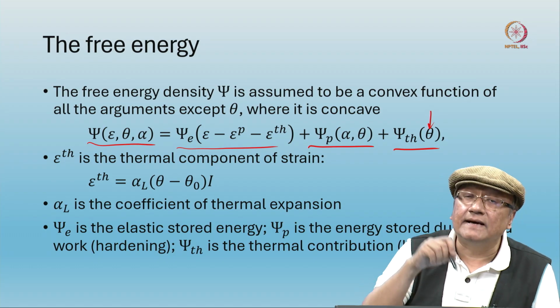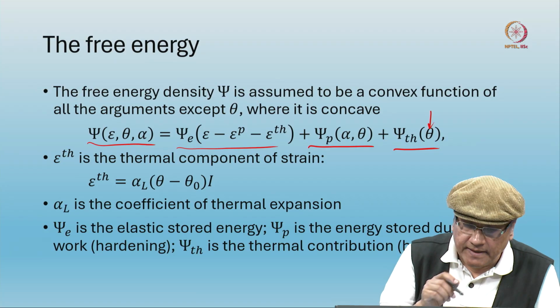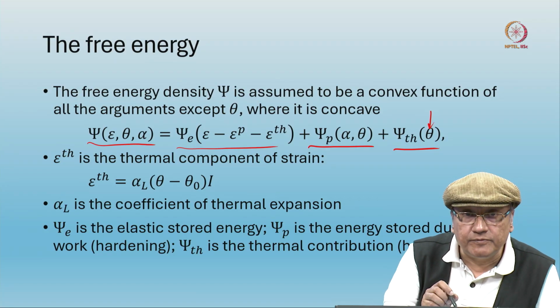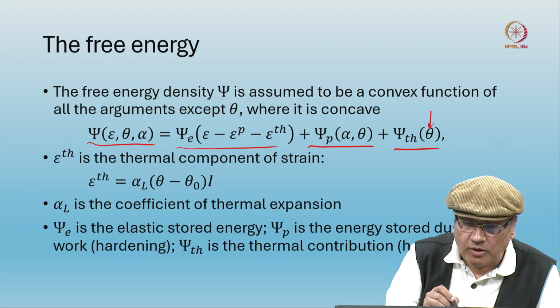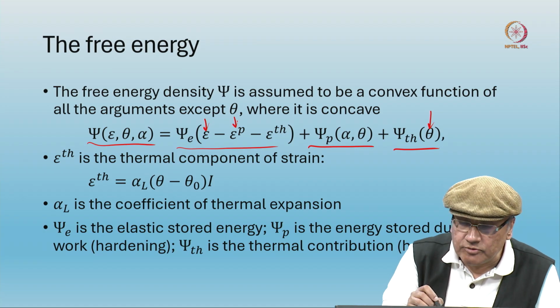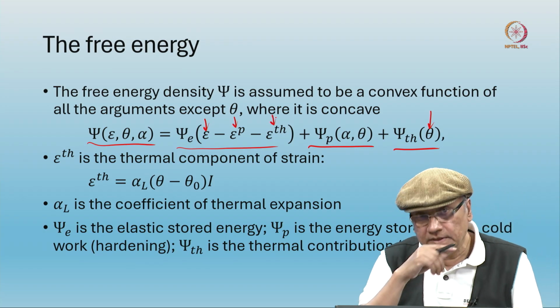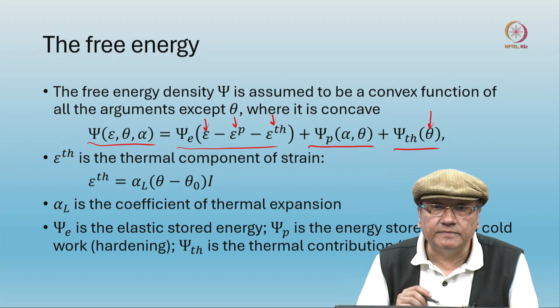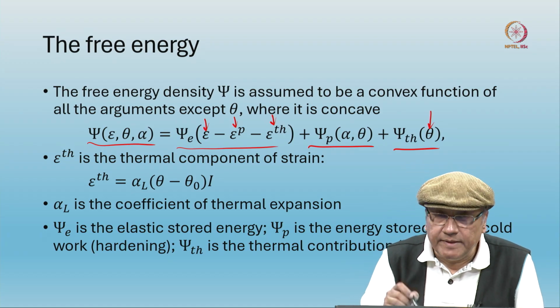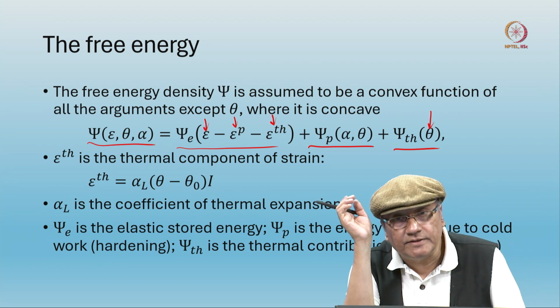Now, unlike the last cases where there was no heat transfer, now the elastic strain will have to be found by subtracting from the overall strain both the plastic part as well as the thermal part, okay, right. So, it is the thermo-visco-plasticity problem, right. And then psi p, which is the plastic part of the free energy.